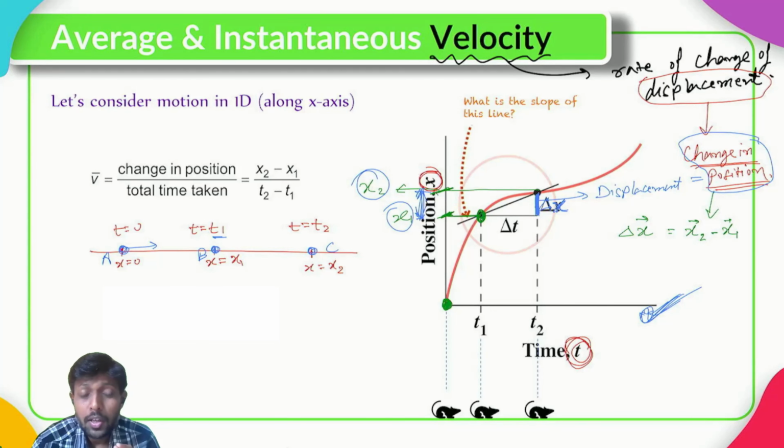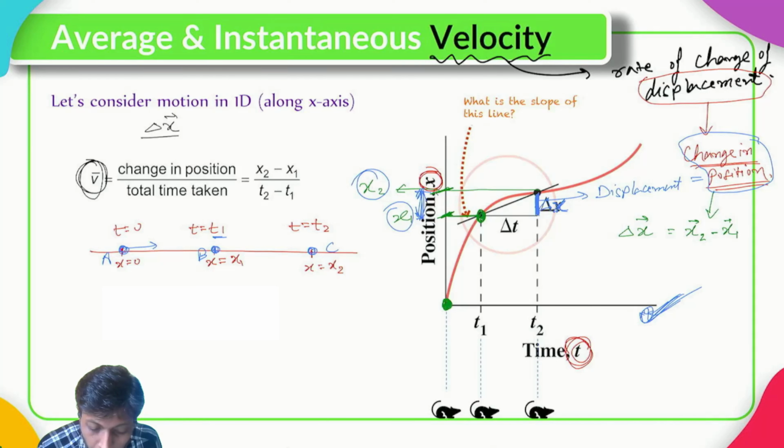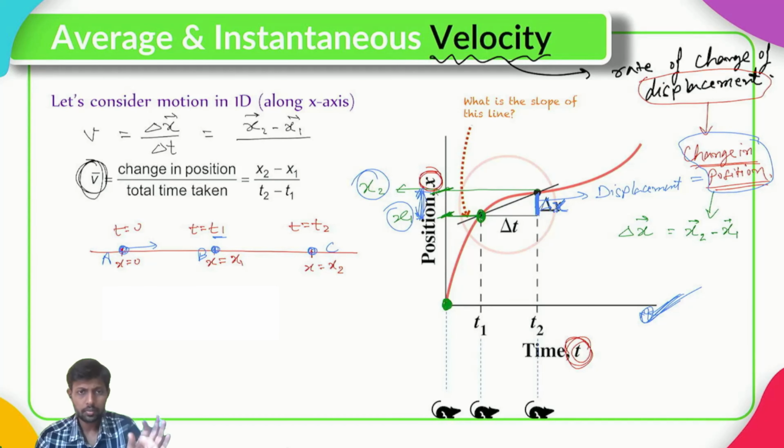How did we define velocity? It was the rate of change of displacement. So if you know the displacement, the rate of change of displacement would be given by this, which is the velocity. Yeah, velocity is the rate of change of displacement. So delta x upon delta t. That's your velocity, which is x2 minus x1 upon t2 minus t1.